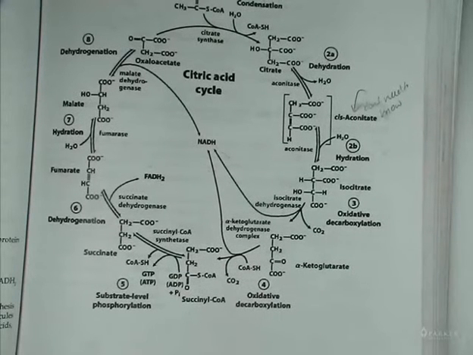So we're going from citrate, so it makes sense that the next thing that we're making is isocitrate. So if you're ever trying to remember the order, that makes sense that that would follow it. So aconitase is a combination of a dehydration and a hydration reaction.